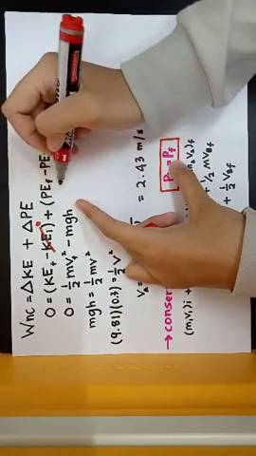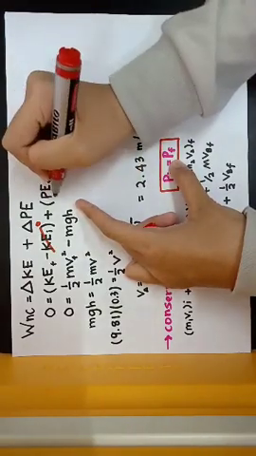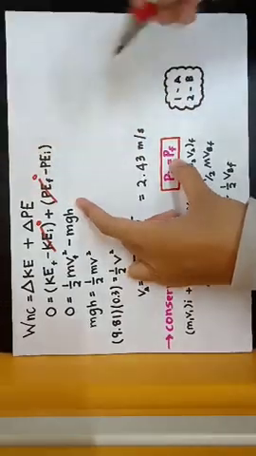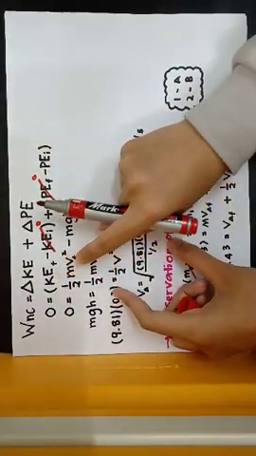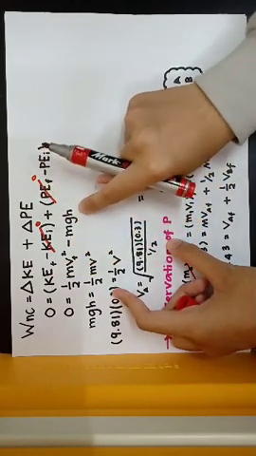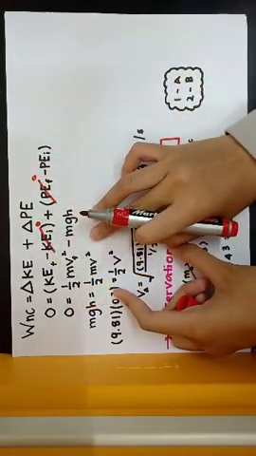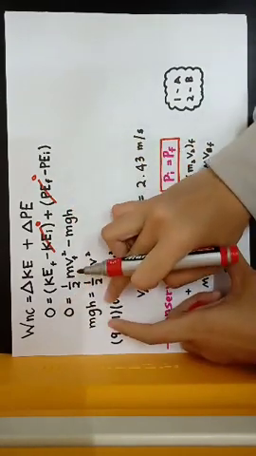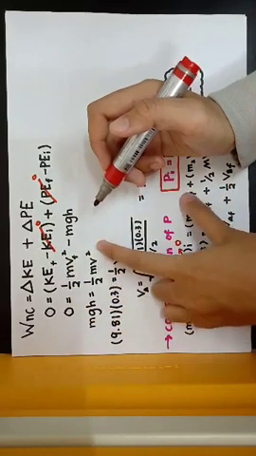So the equation left is 1/2 m v final squared minus mgh equal to 0. We can rearrange this: mgh equal to 1/2 mv squared.